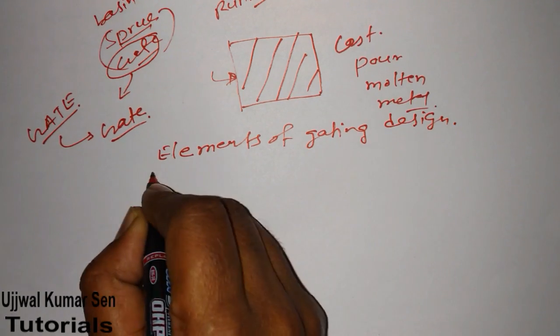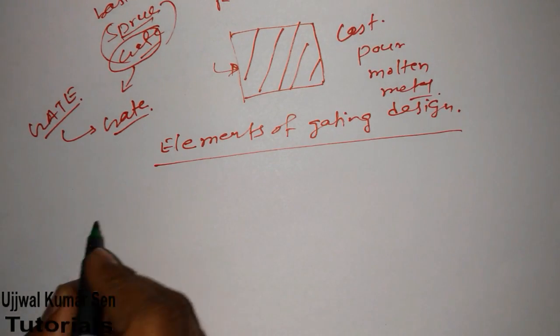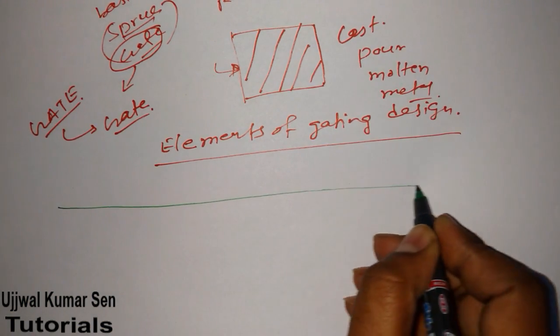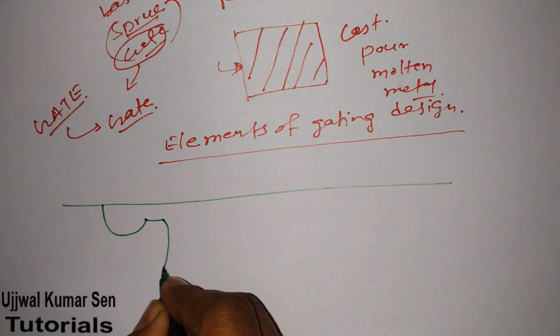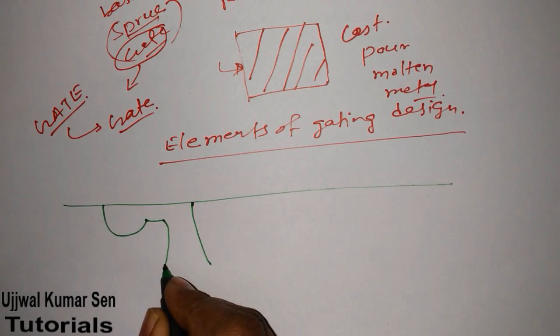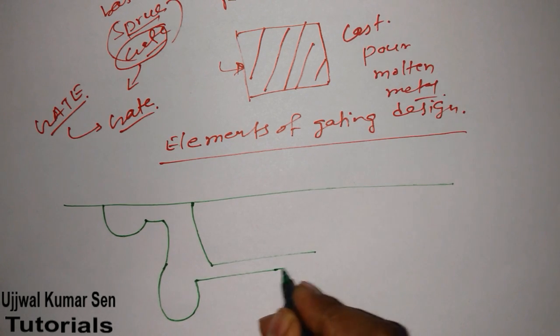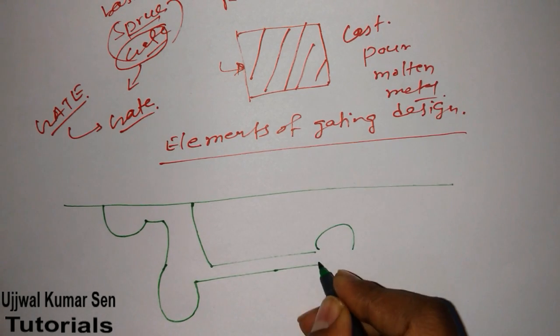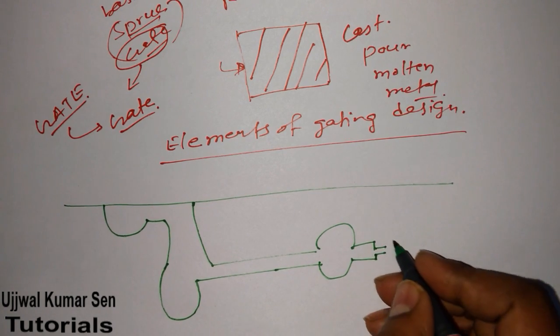I'm going to share with you all the elements of gate design. So suppose that we have this one and this, then we go with the runner, then the skim bob. I will share with you what these things are, so you will not face a problem.